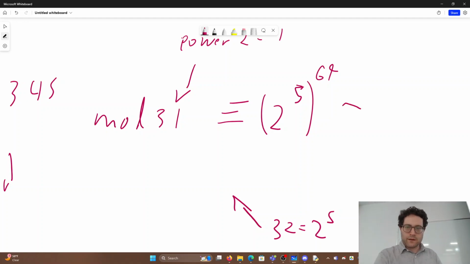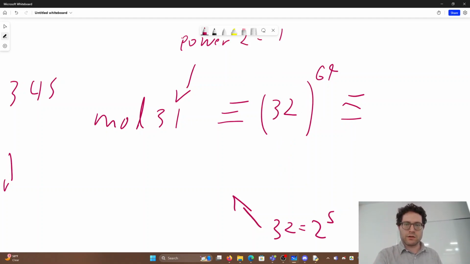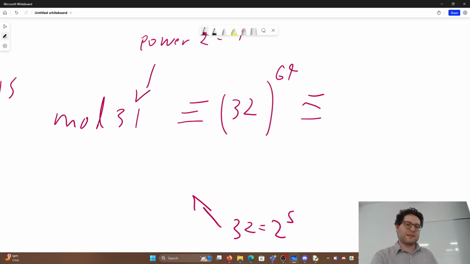And then, again, what we can do is substitute this. This is 32. What we're saying is that this is 32 times 32 times 32 times 32 times 32, done 69 times. And our substitution rule says we can just replace those with what it's congruent with.